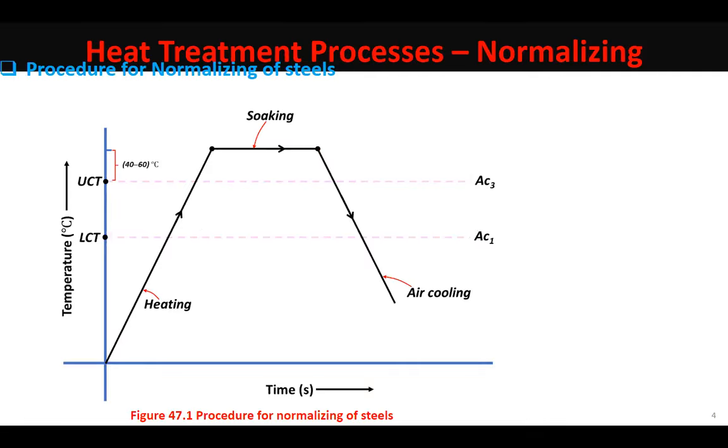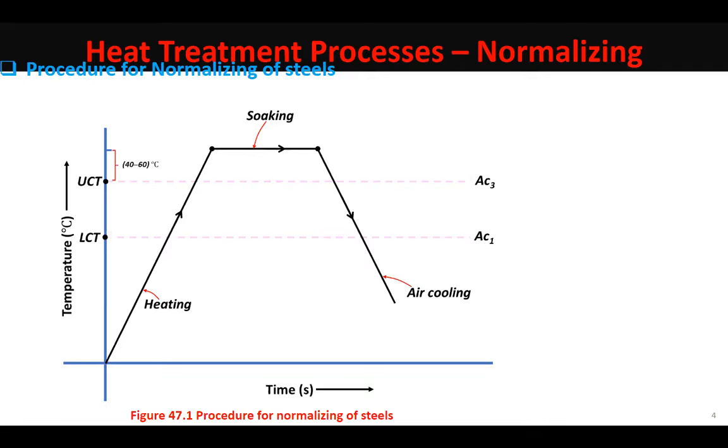And that gives rise to a question: on all different occasions, can we use normalizing as a substitute for full annealing? Can we always remove full annealing and use normalizing instead? The answer is no. If you want your steel to become very soft and ductile after the heat treatment, you cannot replace full annealing. Full annealing is the only process which can make your steel very soft and very ductile.